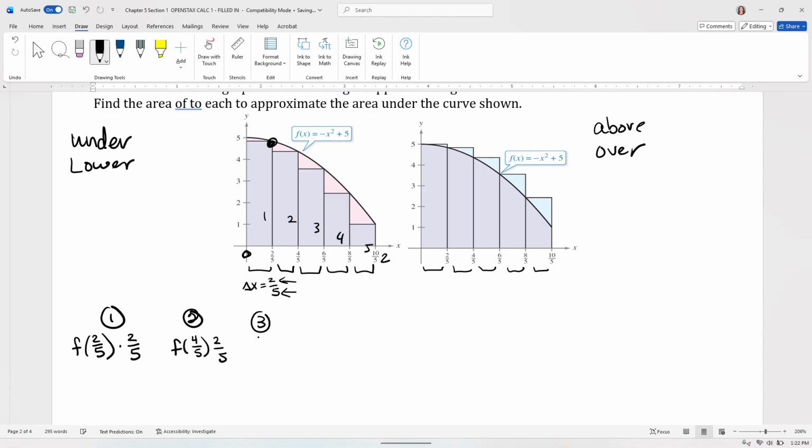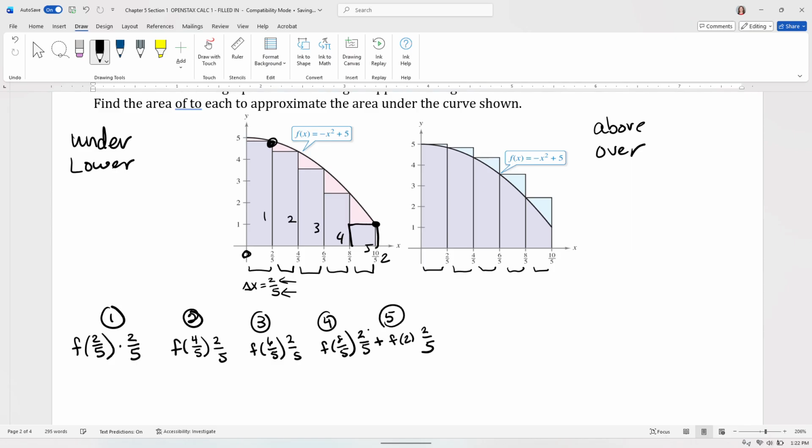For the third one, the height is f of 6/5, and the width is 2/5. For the fourth one, the height is f of 8/5, and the width is 2/5. And for the fifth and last one, the height is calculated at f of 2, or 10/5. That's what created that rectangle, and the width is 2/5.